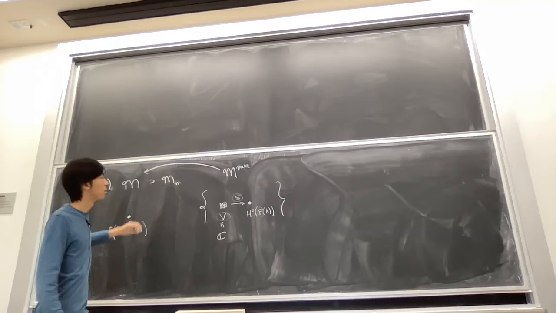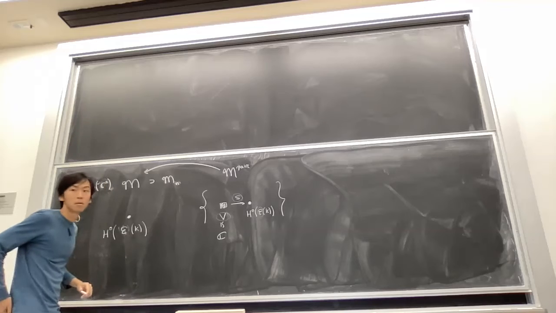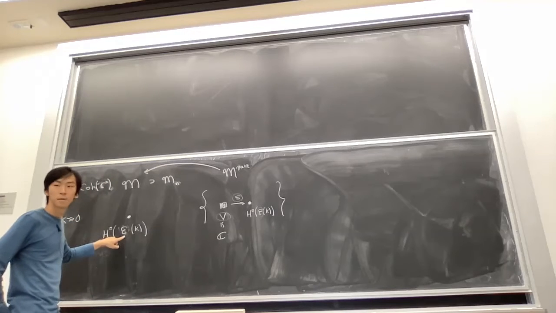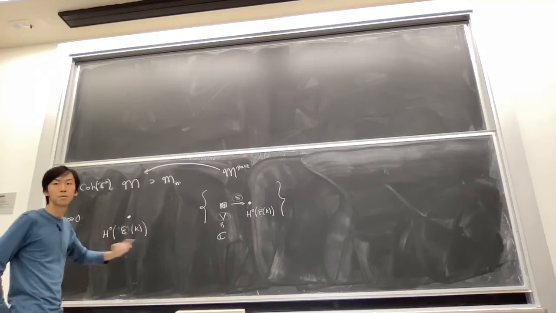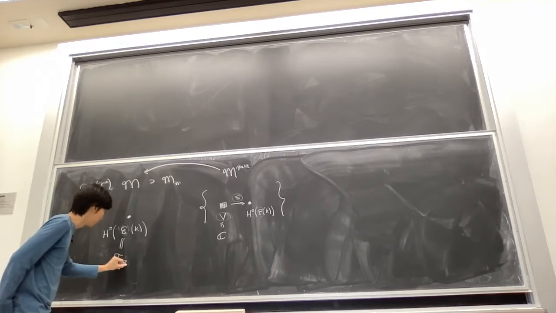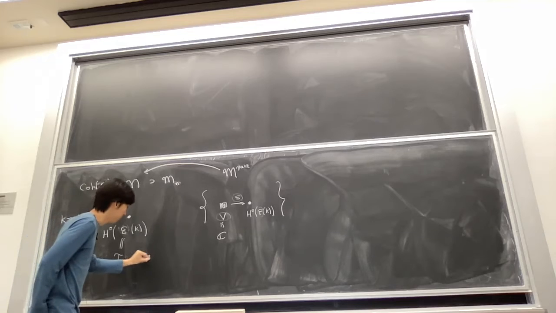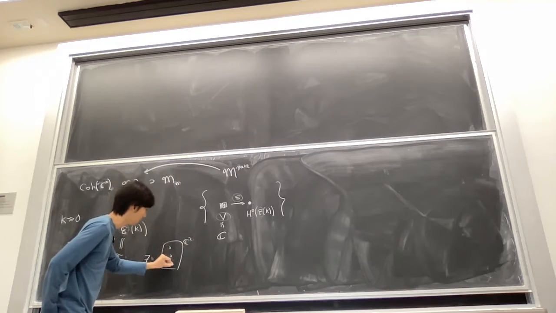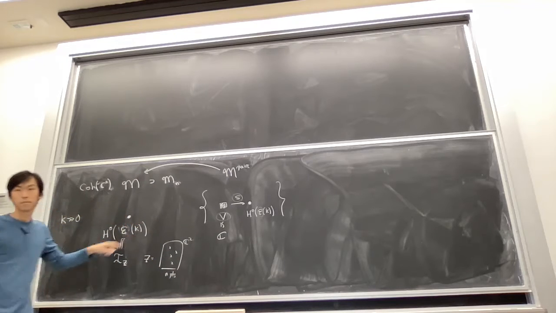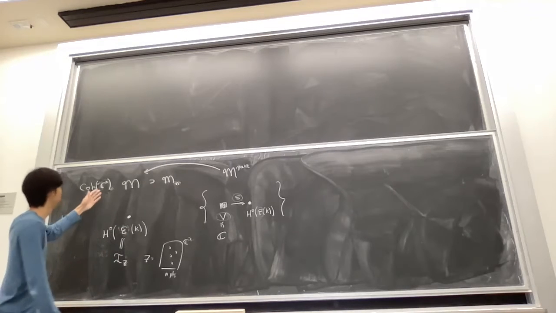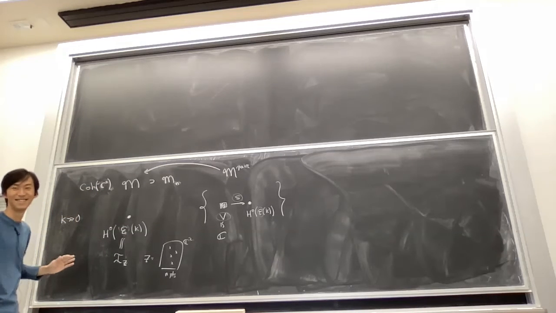For each point, the ideal sheaf of your subscheme Z inside C2, you have a whole bunch of points. You tensor this ideal sheaf by O of K for some appropriate notion of O of K.